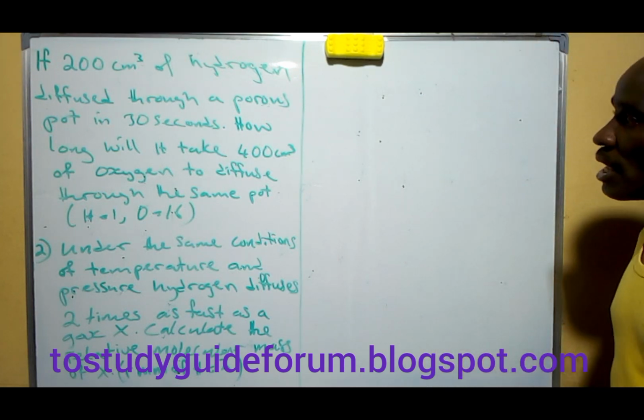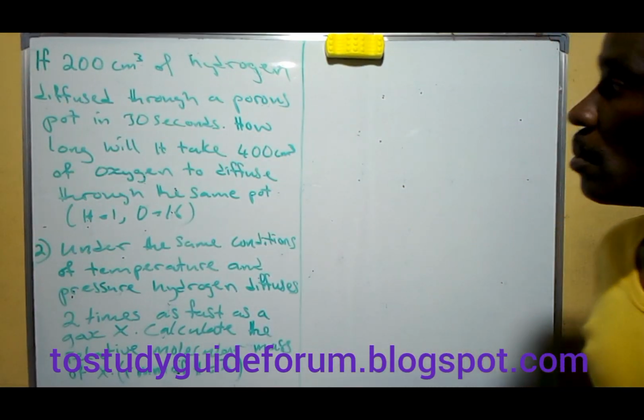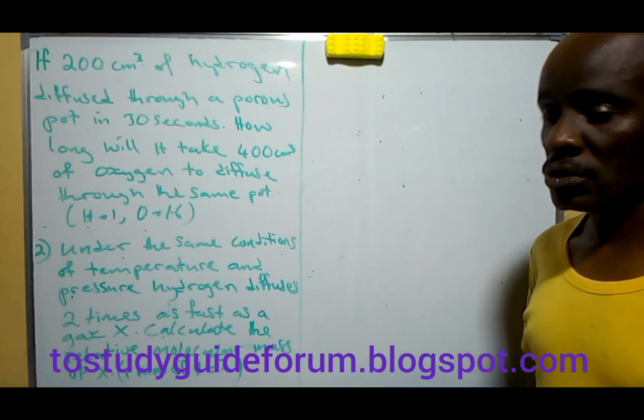The question here: 200 cm cube of hydrogen diffused through a porous pot.